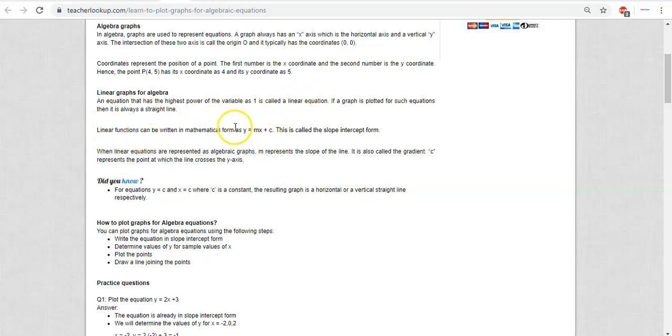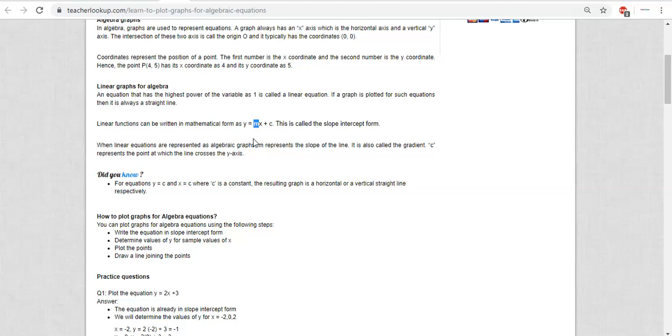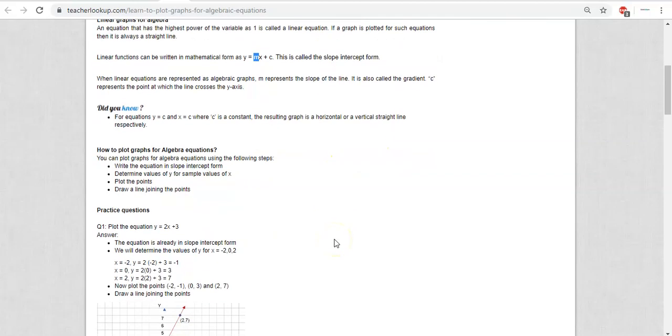This equation is the linear function equation, and m can be any number. m represents the gradient of the line, c represents the intercept, whereas y and x are the coordinates, and this is called the slope-intercept form. So guys, this is the equation of a straight line, and we've just spoken about what represents what.